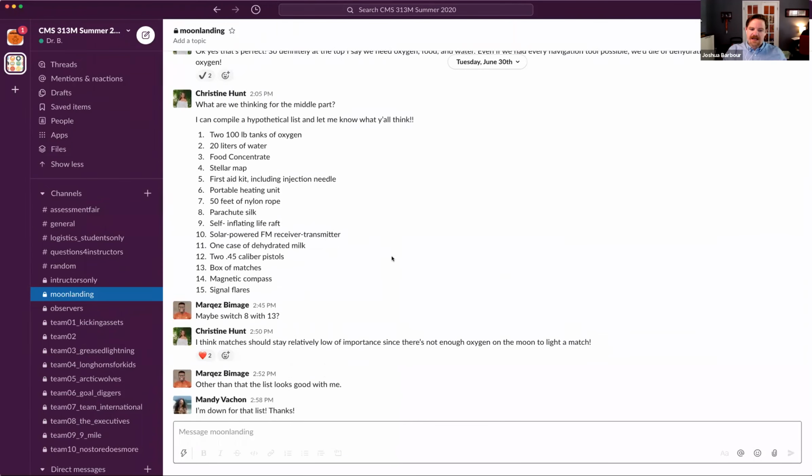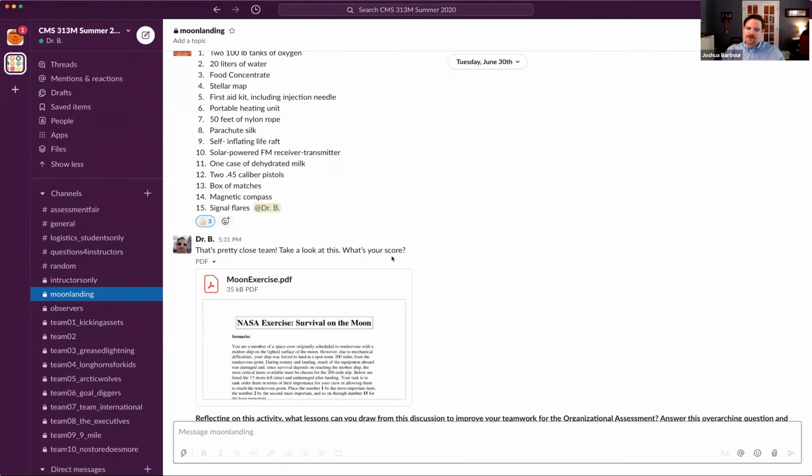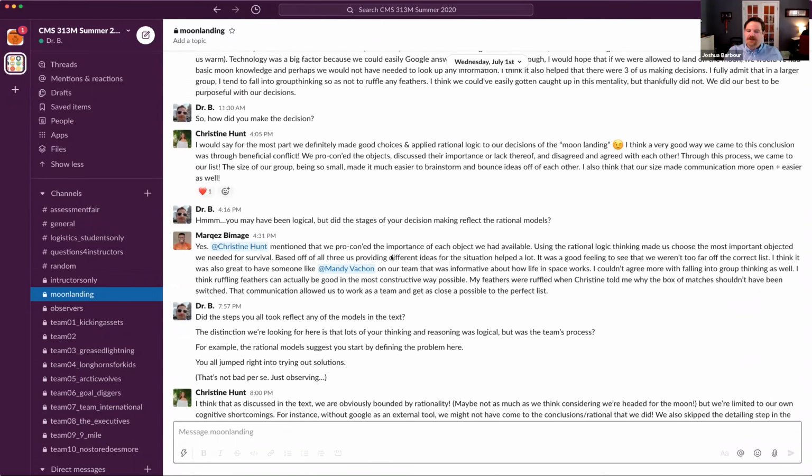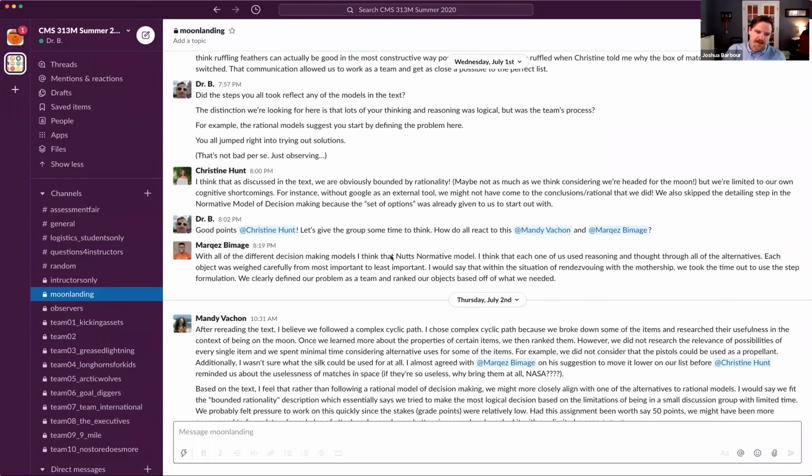And then once they come up with their answer to that first prompt together, then we share reflecting questions. And then they talk about those reflecting questions and we're in there with them. So this is the prototypical design. The Slack discussions usually occur over the period of about 2 to 3 days, maybe sometimes longer.